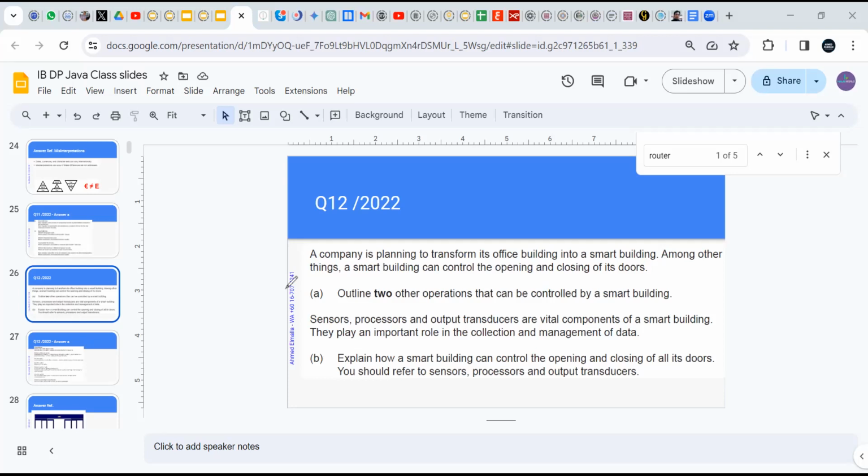And then sensors and processors and output transducers are vital components of a smart building. They play an important role in the collection and management of data. Explain how a smart building can control the opening and closing of all its doors. You should refer to sensors, processors, and output transducers.